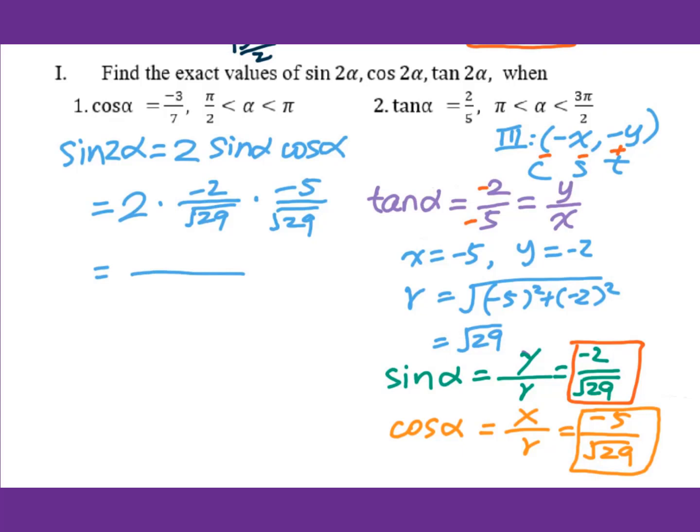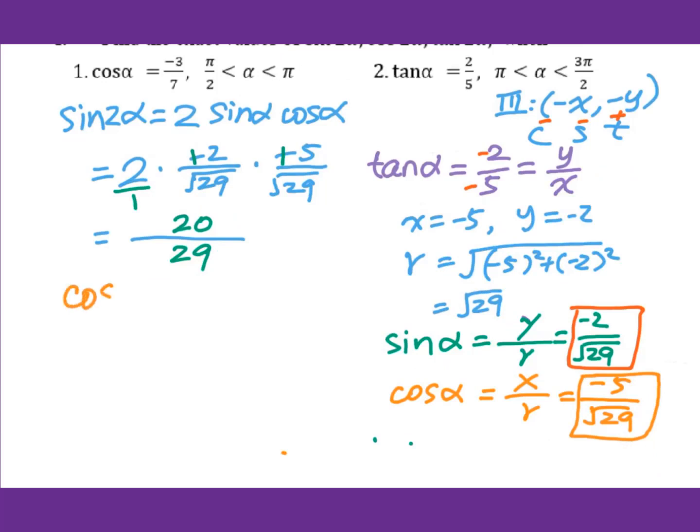Denominator, you got square root of 29 times square root of 29, that's 29. 2 times negative 2 is negative 4. Negative 4 times negative 5, that will be positive 20. For cosine 2 alpha equals cosine square alpha minus sine square alpha.